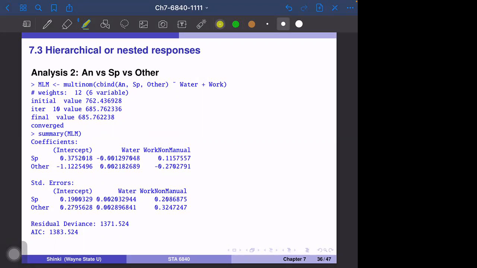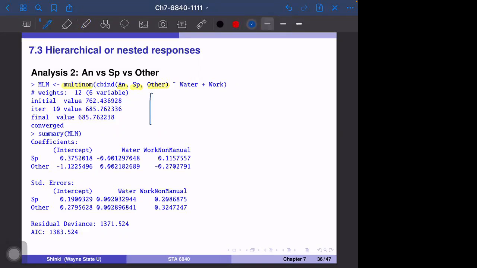So how to distinguish AN, SP, and other. And here it's slightly new code. We still do multinomial logistic regression, but the response variable is indicated by a matrix of 3 columns.